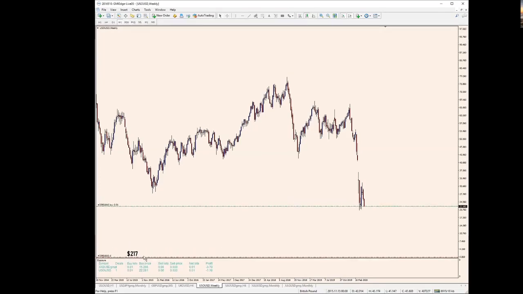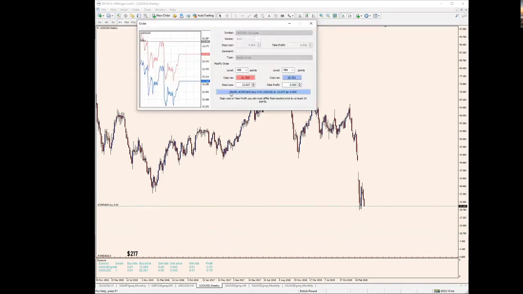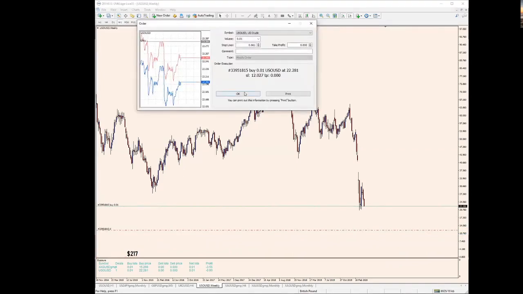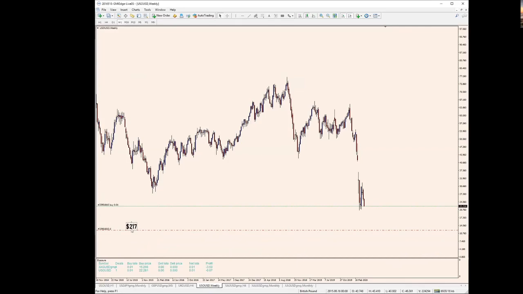So let's say I reduce my principal to 100 USD. My stop loss should be placed at this level, minimum. At what price? It's almost $13.